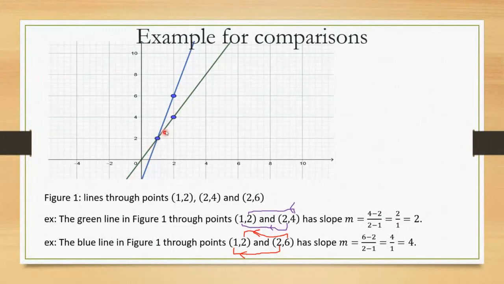They're climbing. They're moving up and to the right. Or if you think about north, south, east, and west, they're going northeast. They're going up to the right.